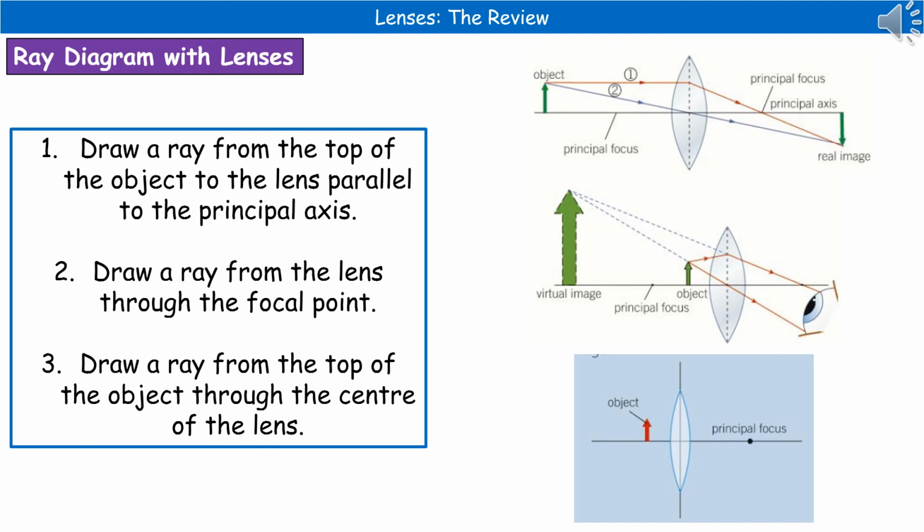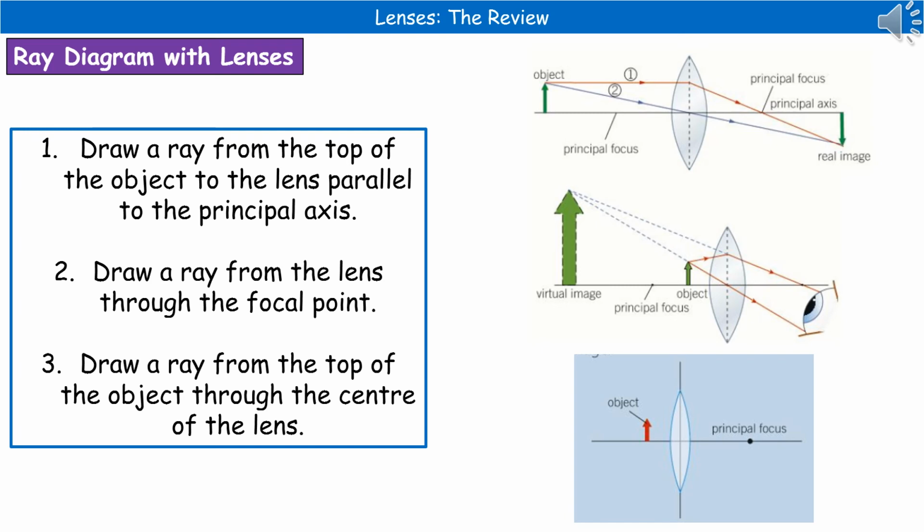So you can see the very, very center of the lens there. Your ray this time has to pass directly through that center and touch the top of the object. One straight line. You will then have one point where those two rays have met on the right hand side, and that tells you where the top of your image is going to be. So then all you need to do is just draw the exact same arrow on the other side.